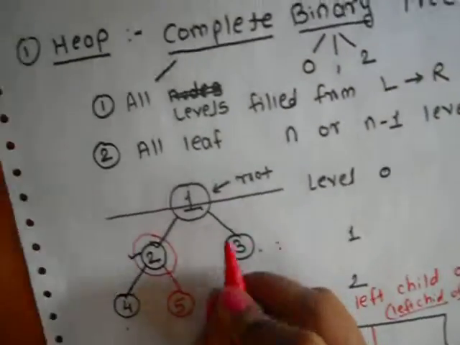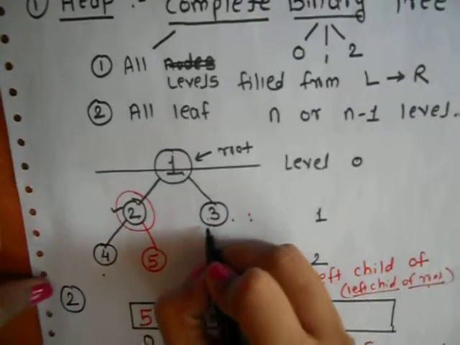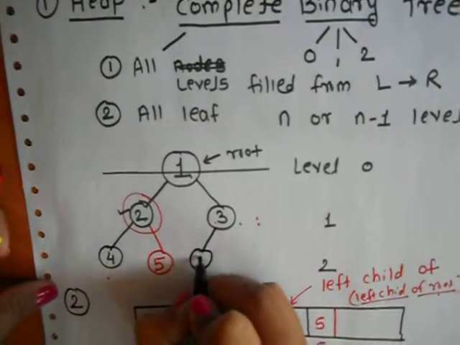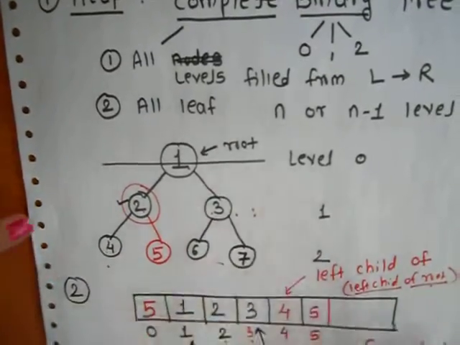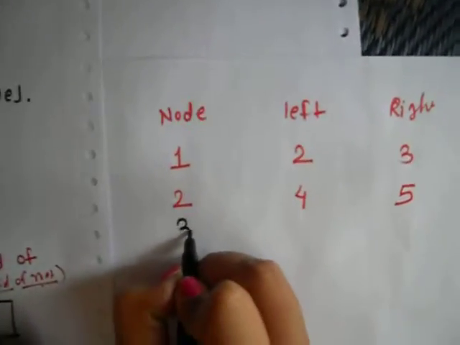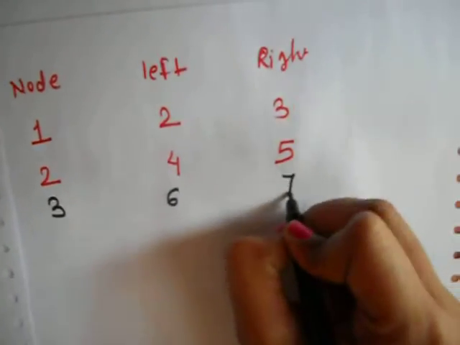If I consider the third node, its left child is present at the sixth position, and right child is present at the seventh position.